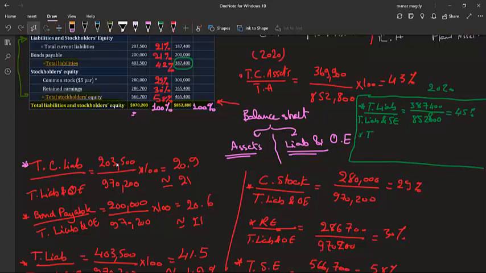So this means that the ratio of the total stockholders equity with reference to the liabilities and stockholders equity would be the remaining amount. It would be 55%. 100% minus 45% equals to 55%. So 55%, 45%.